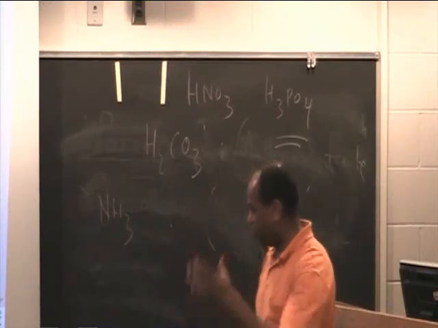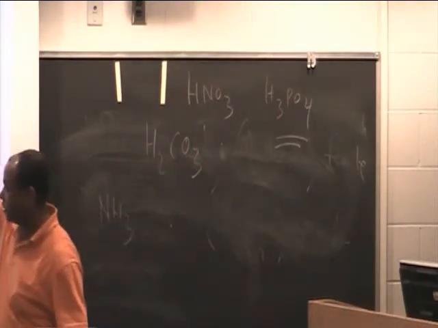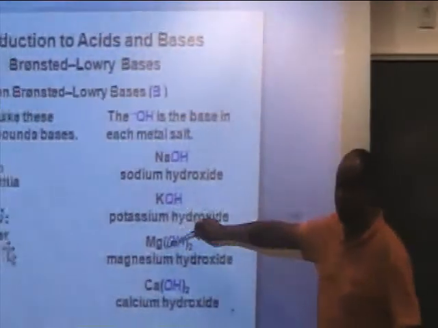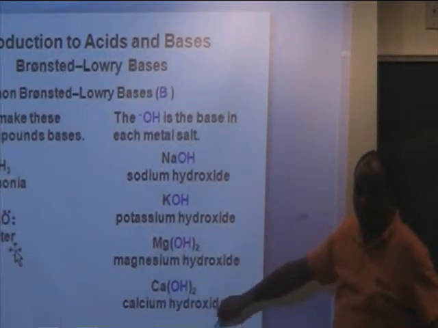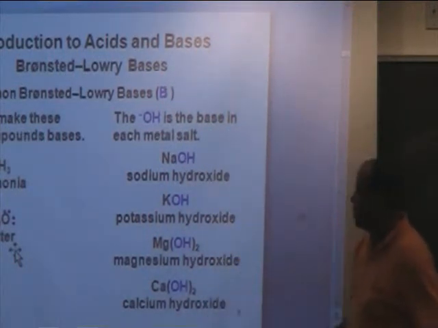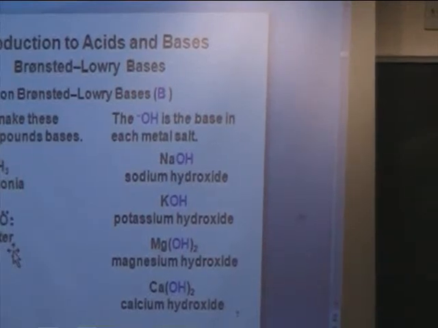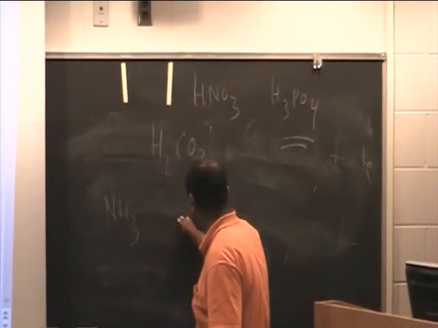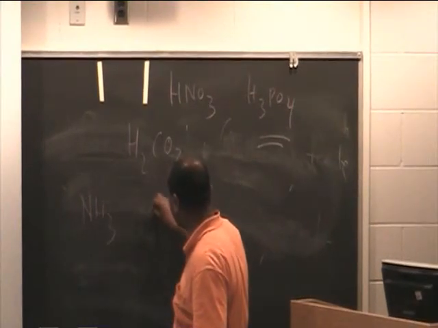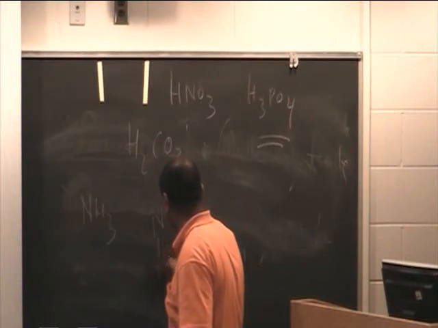Besides having the OH, any substance that has OH is assumed to be hydroxide, a base, right? But ammonia or water is considered a base because they have a lone pair of electrons. If you know the structure of ammonia, you will have something like this.